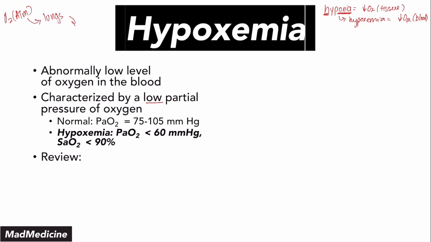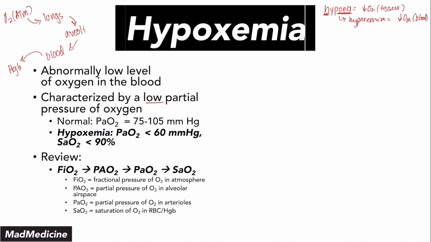From our lungs, it's going to go into our alveoli. And then from our alveoli, it's going to go into our blood, and then from the blood, it's going to bind to hemoglobin. This is very important because at each of these stages, we can actually measure how much oxygen we have. So how do we do it? It's by different values. So this is the pathway you need to remember.